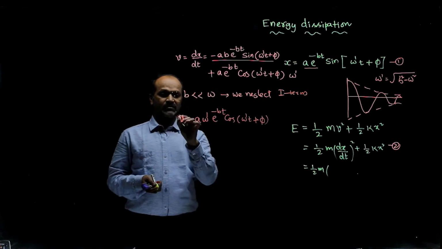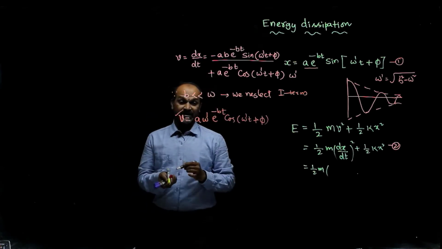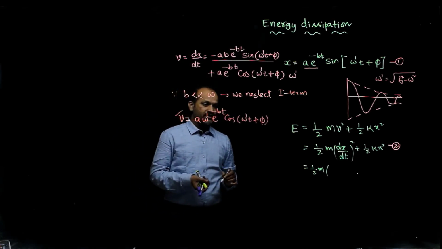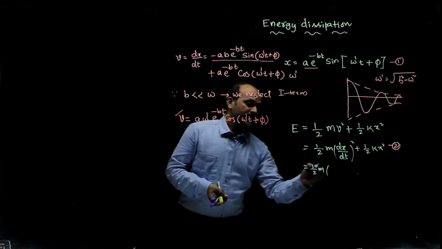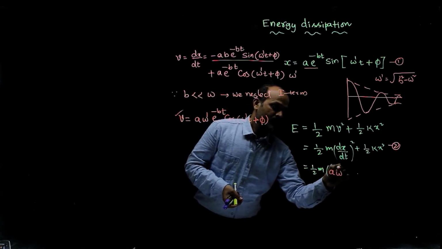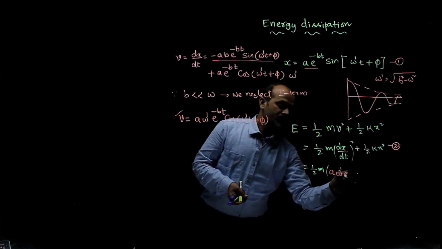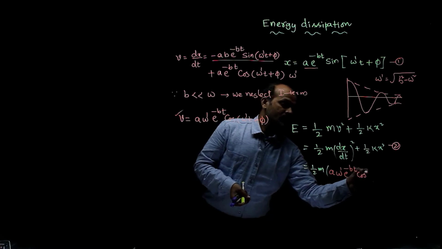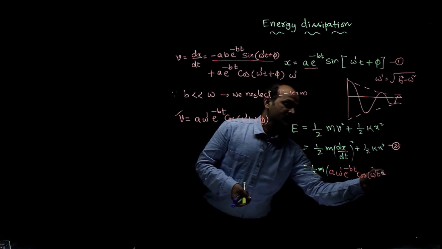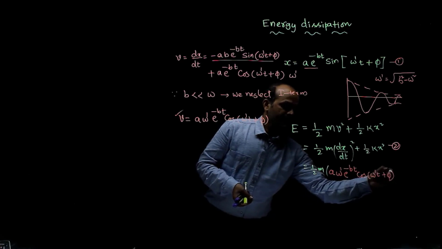This is the instantaneous velocity. That velocity we will substitute over here for the kinetic energy: half m into a omega dash e power minus bt cos of omega dash t plus phi, whole square.